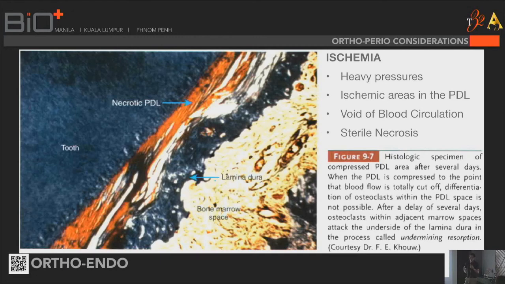She teaches ortho as well, but her teeth are yellow and blackish as hell. The reason is she remembers that when she had ortho, she had great forces. She was an extraction case, and because of these great forces, it caused sterile necrosis. That's why her teeth are kind of dark and yellow.